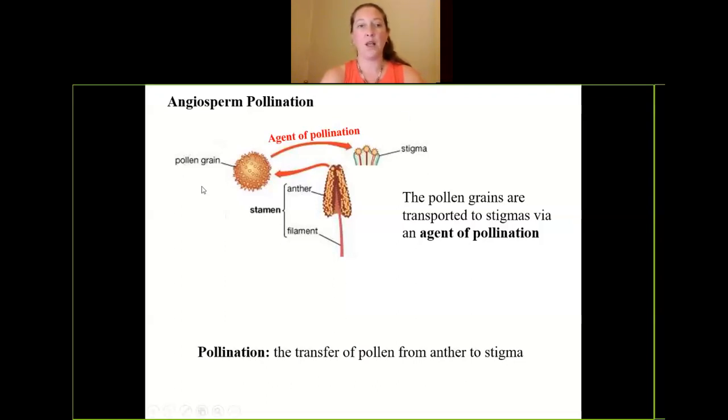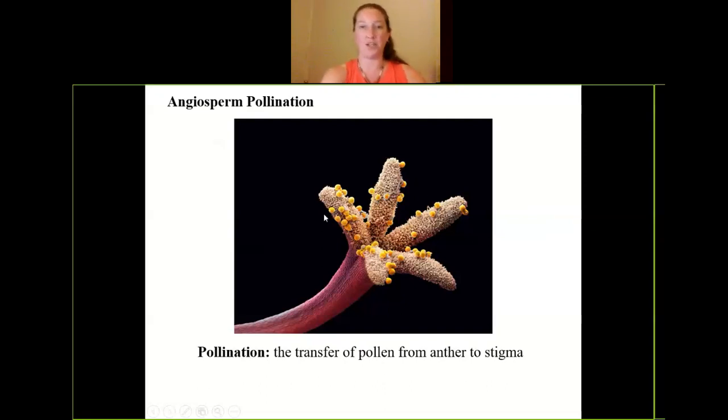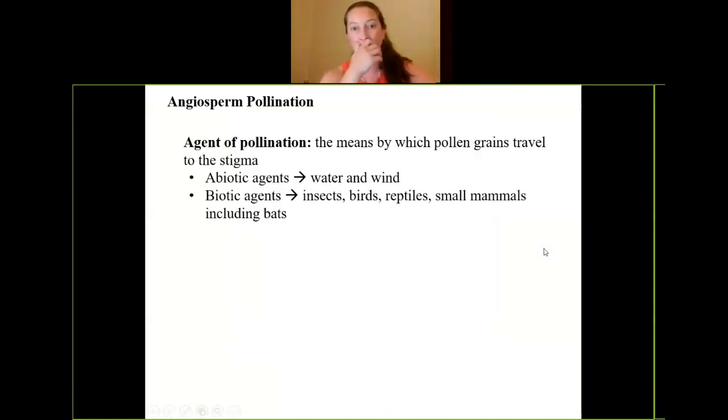So once this pollen grain lands on top of a stigma, pollination. Look, here you go, pollination. Here's the top of a stigma, and all of those yellow dots are pollen grains. So pollination has occurred. And here we're going to see some nice slides of agents of pollination.